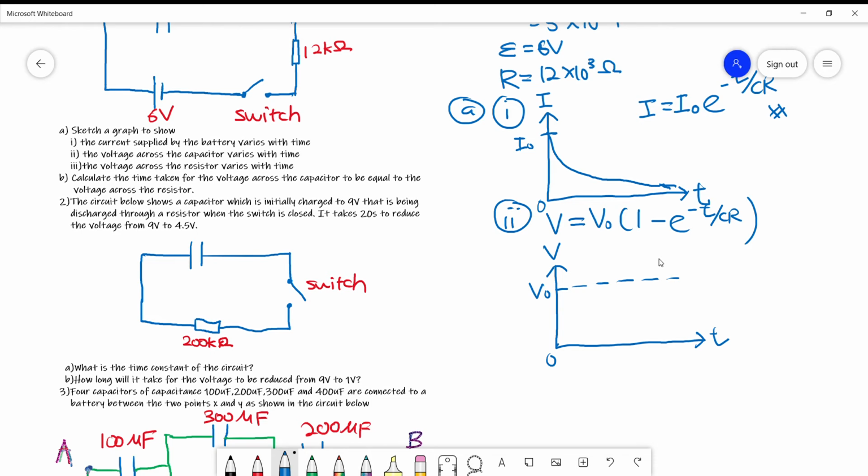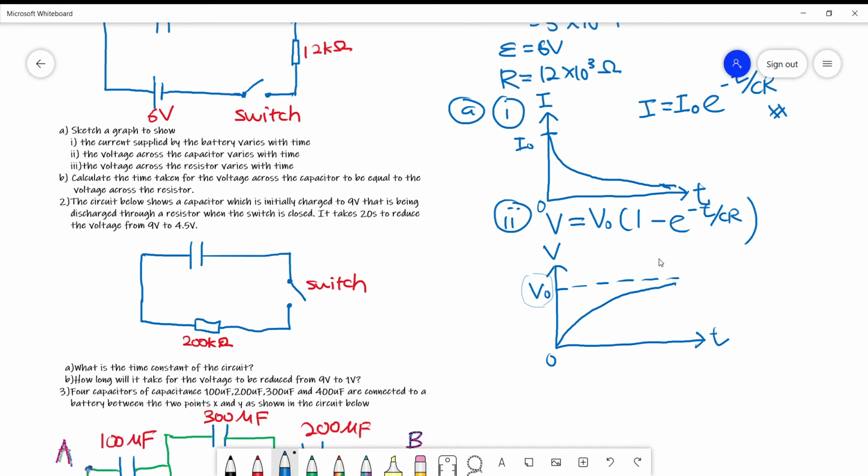This will be my curve, and the potential difference across the capacitor increases and is fully charged at a certain time t. When the capacitor is fully charged, the potential difference across the capacitor is V0. This is how the graph of the potential difference works.